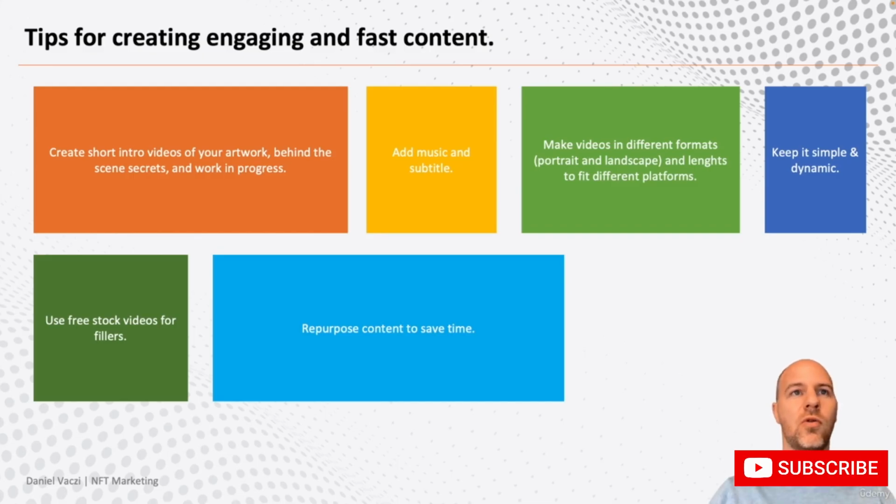So don't go into segmenting to all different platforms. Try to repurpose content. And repurposing means not just repurposing on 4 different platforms, but also repurposing from earlier videos or images. You can reuse those as well. So try to see how you can save time by repurposing content.